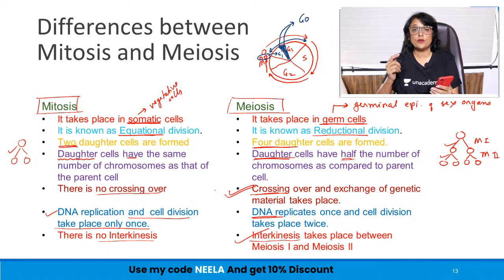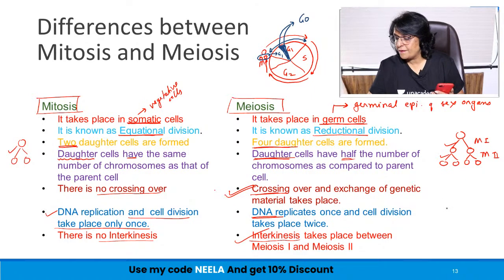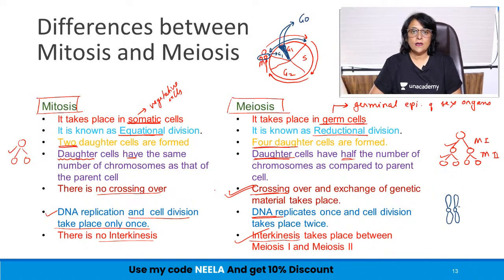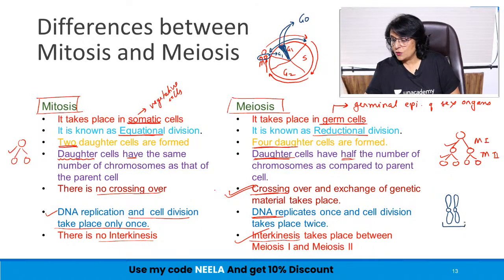Number of chromosomes in a bivalent. See, if you have attended the class, we made these kind of diagrams. This is one pair of homologous chromosomes, and this is what is called a bivalent.